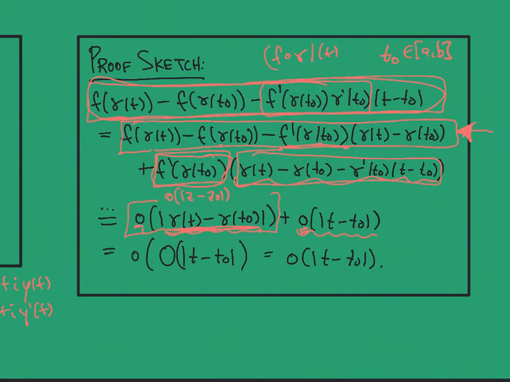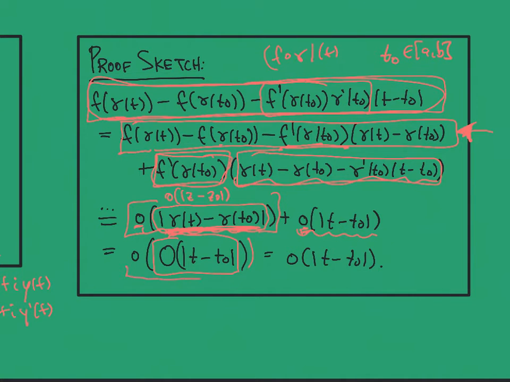I confess this is the sketchy part. The inside is gamma of t minus gamma of t naught, and since gamma is differentiable, and therefore continuous at the point, this difference will be big O of t minus t naught. And so we have something that's little o of big O of t minus t naught.